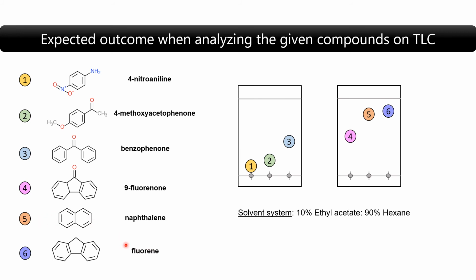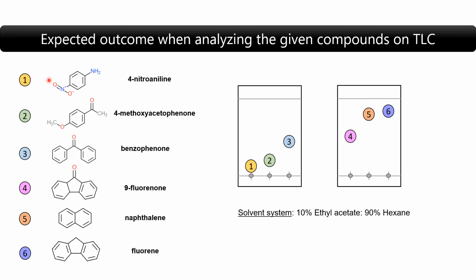Then we have naphthalene and fluorene, which were both very nonpolar compounds, so they would not be able to form intermolecular interactions with the TLC plate, but they will be able to form stronger intermolecular interactions with the solvent system and move further along the TLC plate along with the solvent system. So they should have higher RF values in the end. This is our expectation of this experiment.